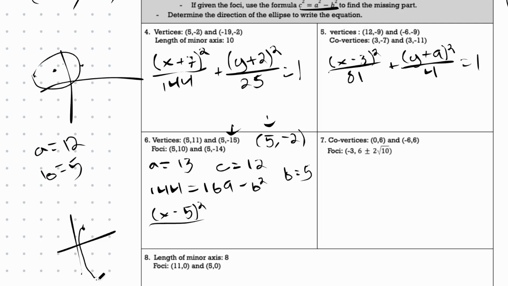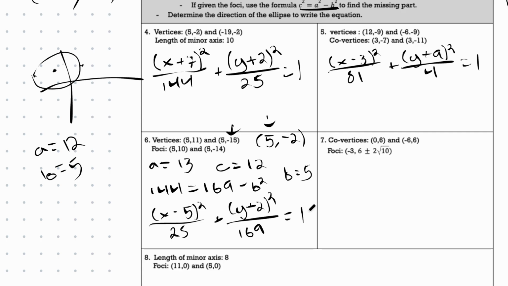It's going to be a vertically stretched ellipse. So that means our a value is going to go under our y term. Our x term is going to be over b squared. So that's 5 squared, which is 25. Here it's y minus negative 2, so y plus 2 squared over 169, and that's equal to 1.